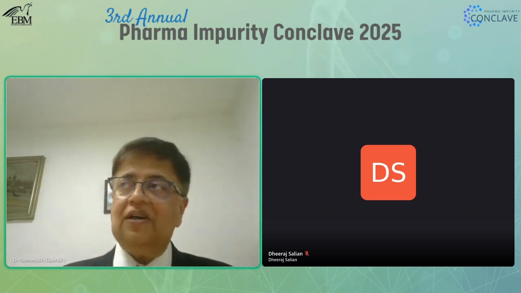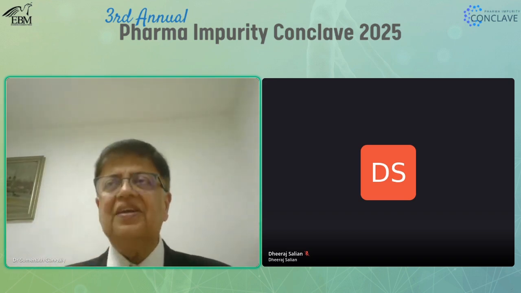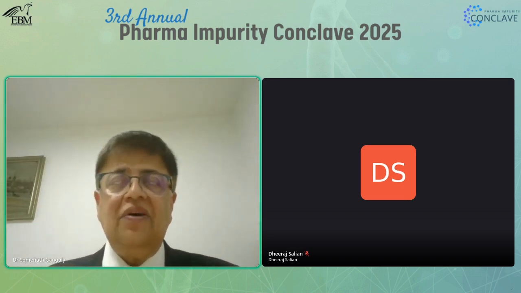Similarly for an excipient vendor, which is very common nowadays. After the emergence of nitrosamines, I have to control the nitrite content in my excipient. So I will tell the vendor this much nitrite content is not acceptable; you have to give me a very low level of nitrite, and nowadays many vendors are giving it.